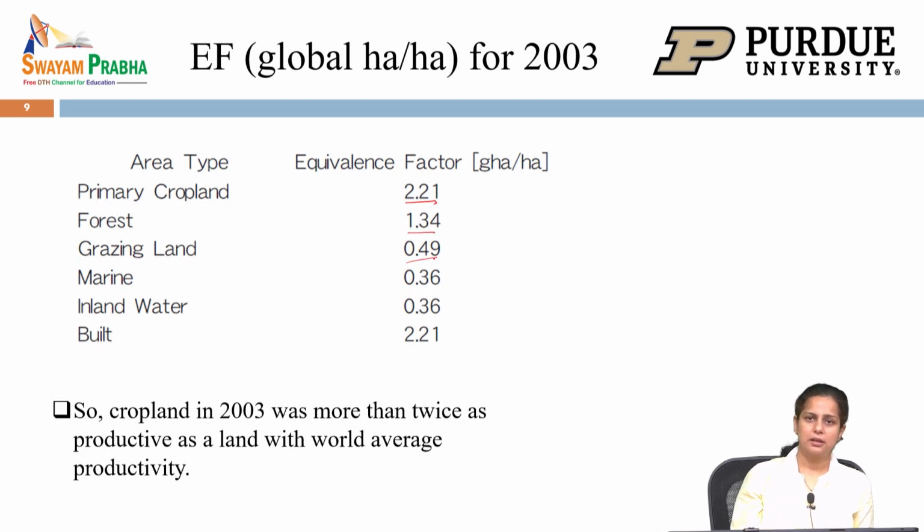Grazing land is really low, 0.5, marine land is lower, 0.36, and marine and inland water are given the same value. Built land has a high productivity factor because it is considered a very highly productive unit for human consumption. So, cropland in 2003 was more than twice as productive as land with world average productivity. Similarly, forest was about 1.5 times more productive, and the productivity is measured in terms of unit product that is of value to human beings.